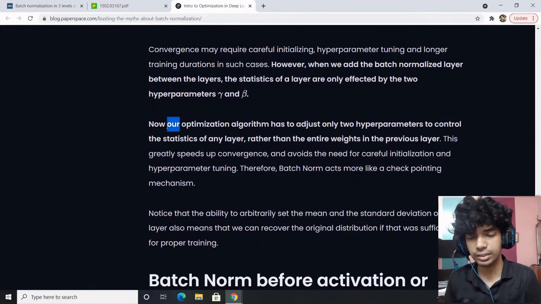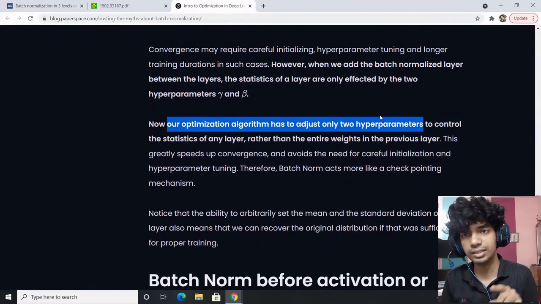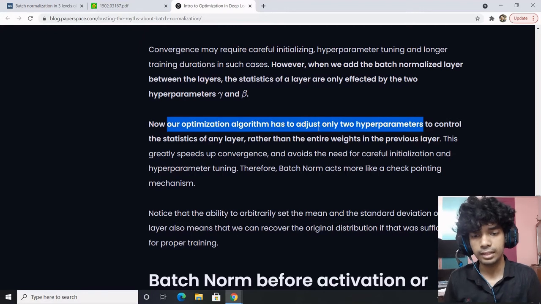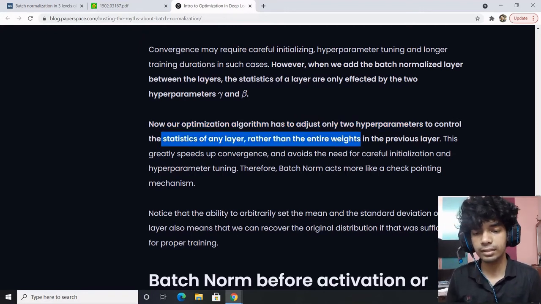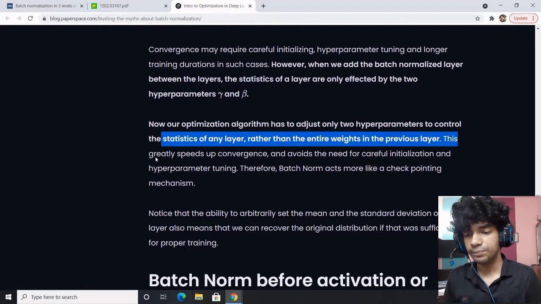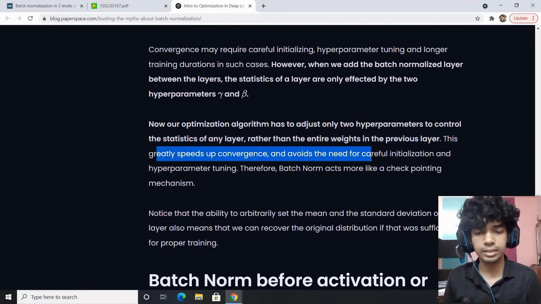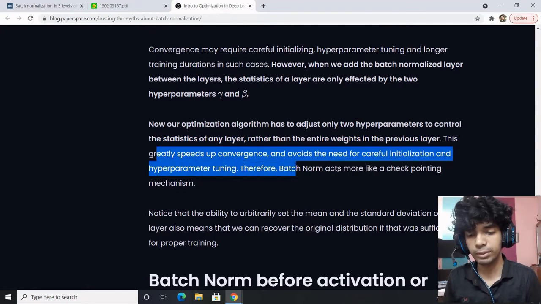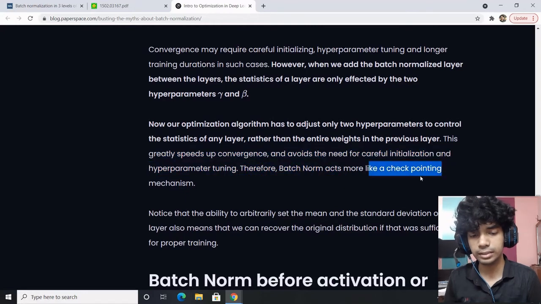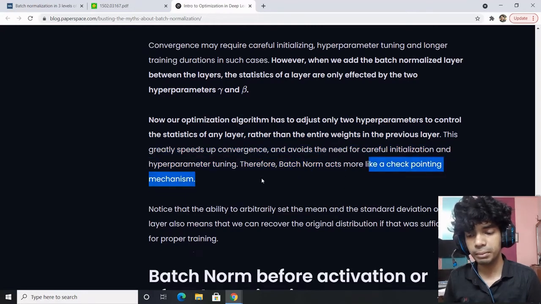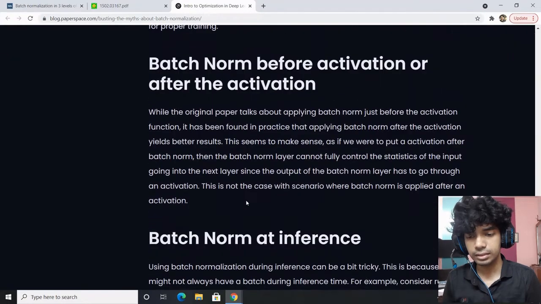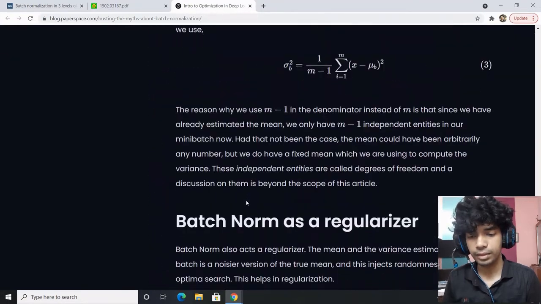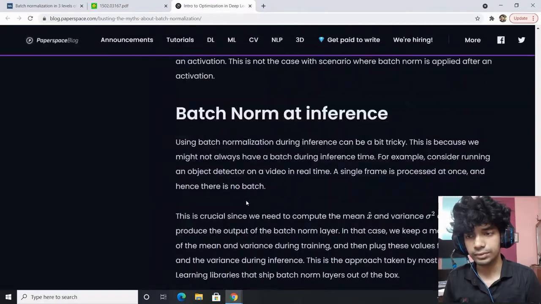Now, how does this help in faster convergence and better training? The optimization has only to adjust two parameters to control the statistics of any layer, rather than the entire weights of the previous layer. This greatly speeds up convergence and avoids the need for careful initialization and hyperparameter tuning. Therefore, batch norm acts more like a checkpoint mechanism, and as a regularizer as well.